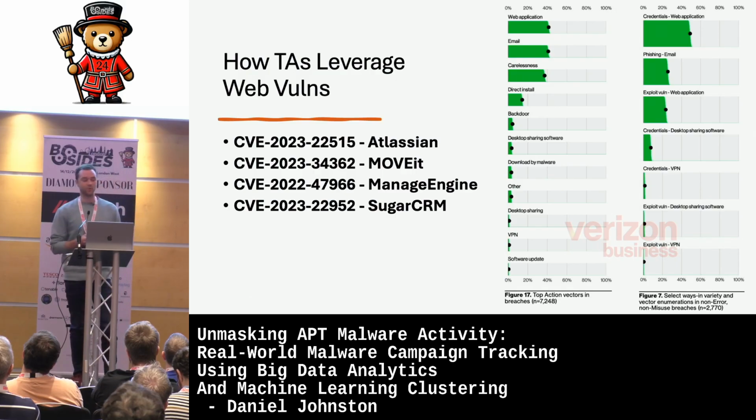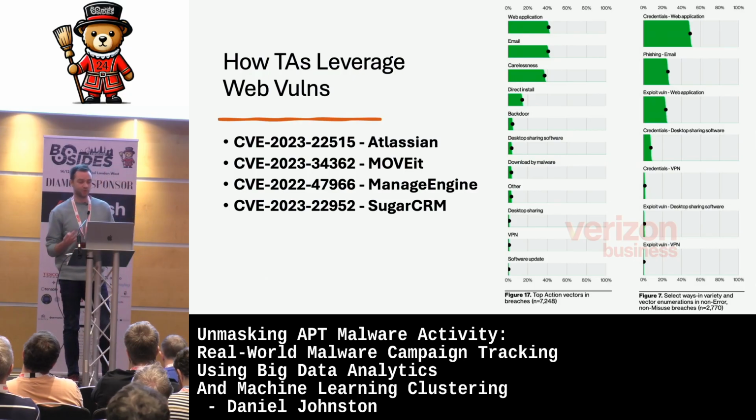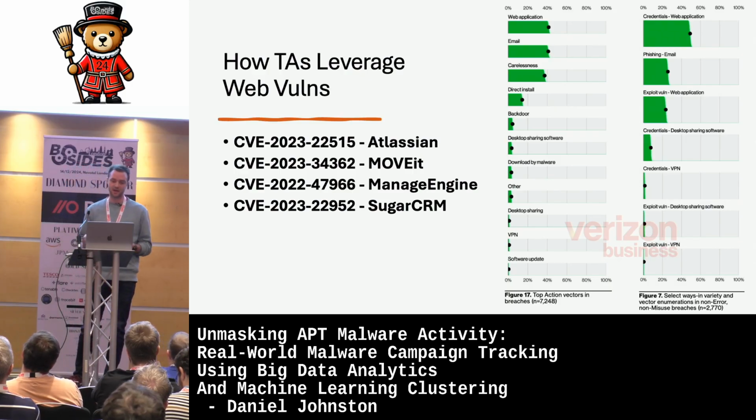They go on in their report to outline some web vulnerabilities that have been commonly used in the past year in data breaches. Among those are vulnerabilities in Atlassian, MoveIt, ManageEngine, and SugarCRM. These are vulnerabilities that we're very familiar with in our work at Imperva, and we have been working to mitigate them over the past year or two.